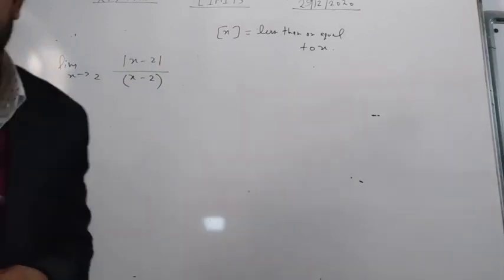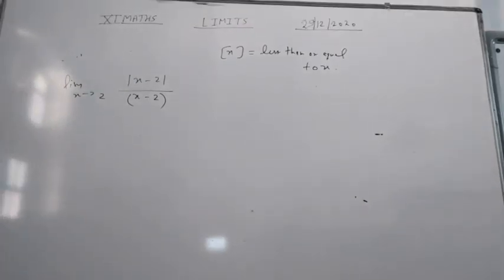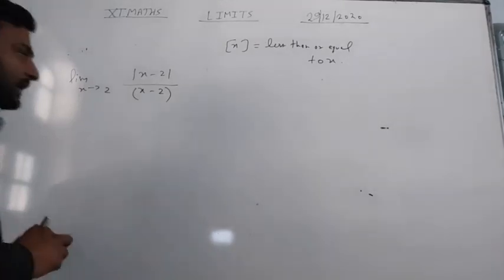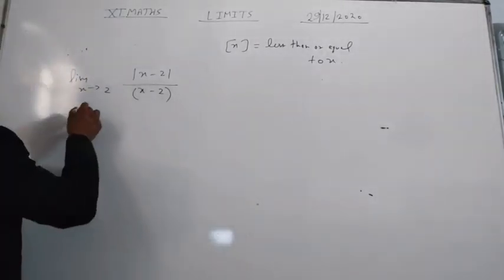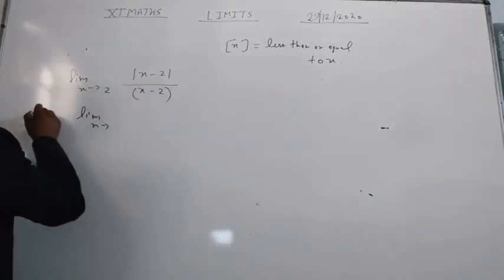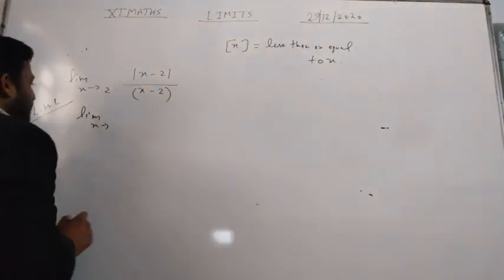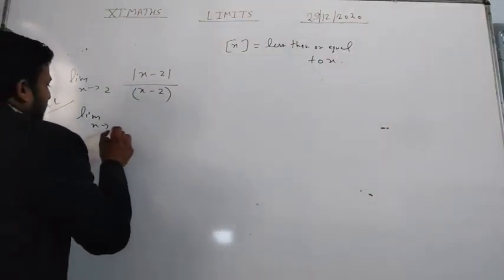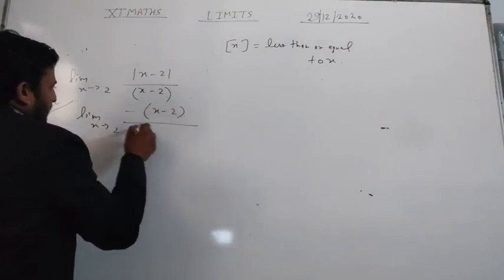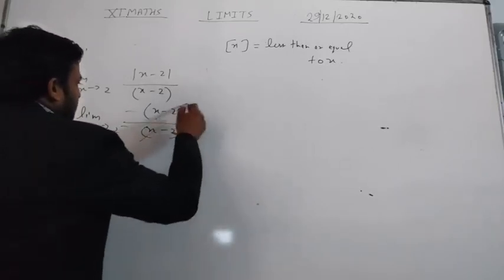So what will we do in this question? We take a limit x tends to 2, we are taking the left hand limit. Okay, student. For the left hand limit, this gives us minus of x minus 2 by x minus 2, and the minus sign and the x minus 2 will cancel.